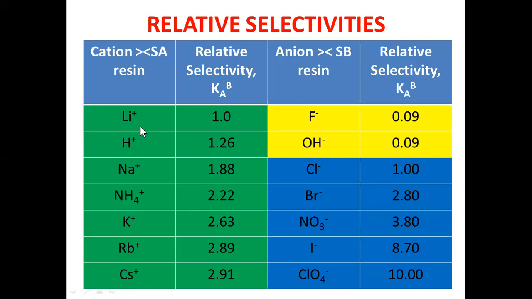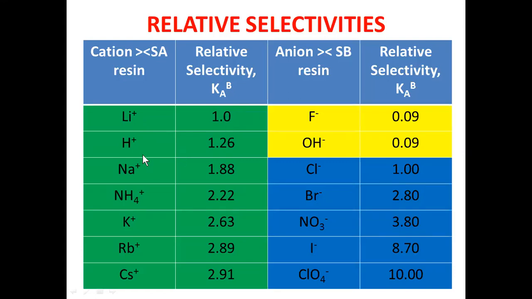If you pass a lithium solution through the cation exchange resin, the selectivity coefficient value will be 1. It is not greater than 1. So the cation exchange resin will be less selective for the elution of lithium ion, and exchange equilibrium will be impossible.